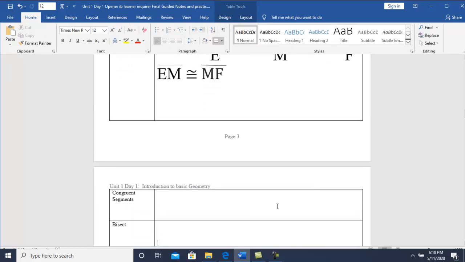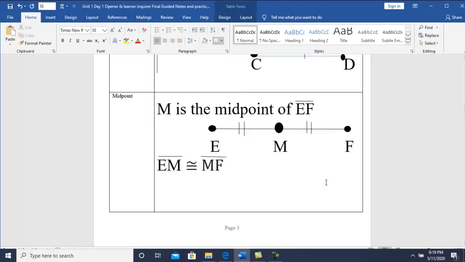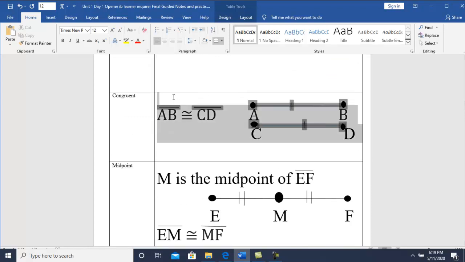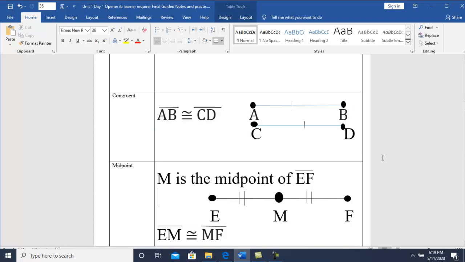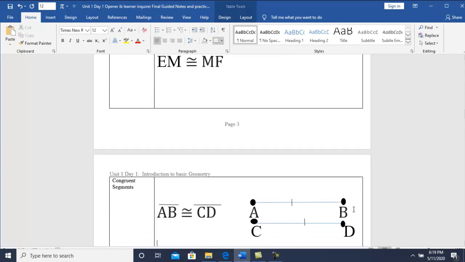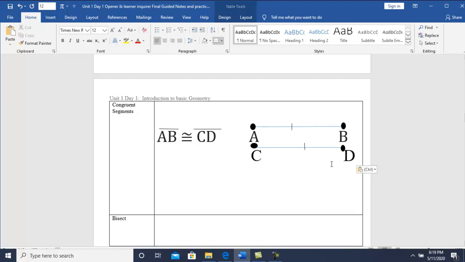Now we've got two other words here. The next term is called congruent segments. When we have line segments that are congruent, I know we just did the previous example of congruent, but when we talk about congruent segments, we have two segments that are the same shape and same size.